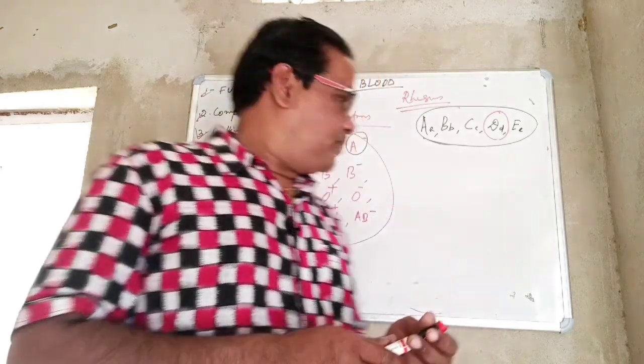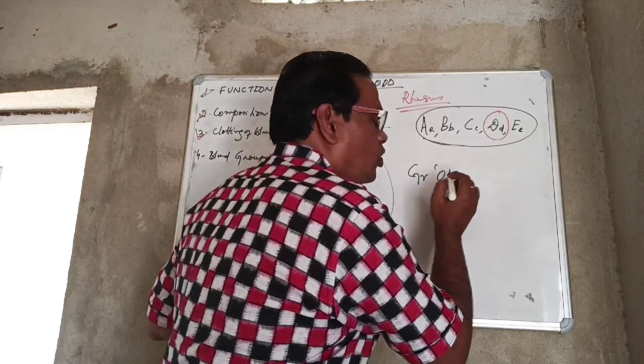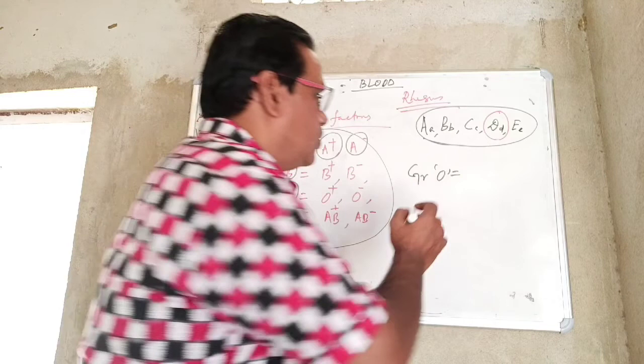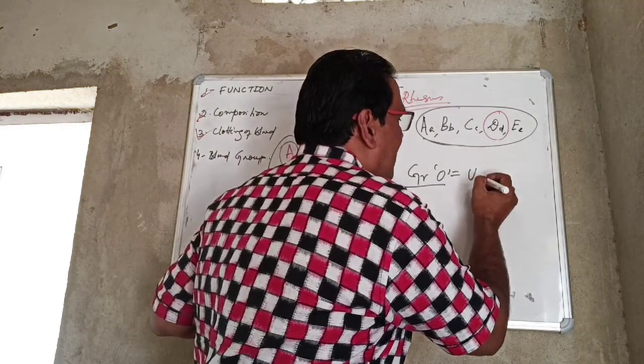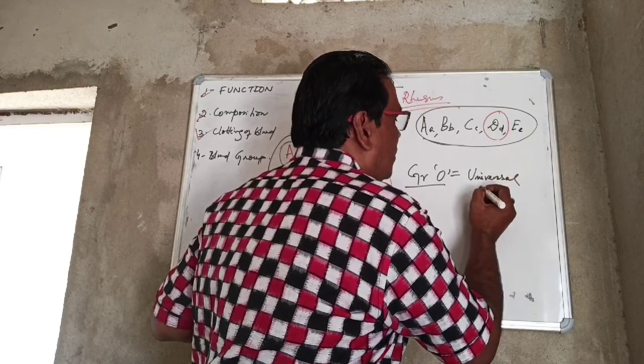In case of group O, this is the universal donor. Group O is otherwise known as the universal donor.